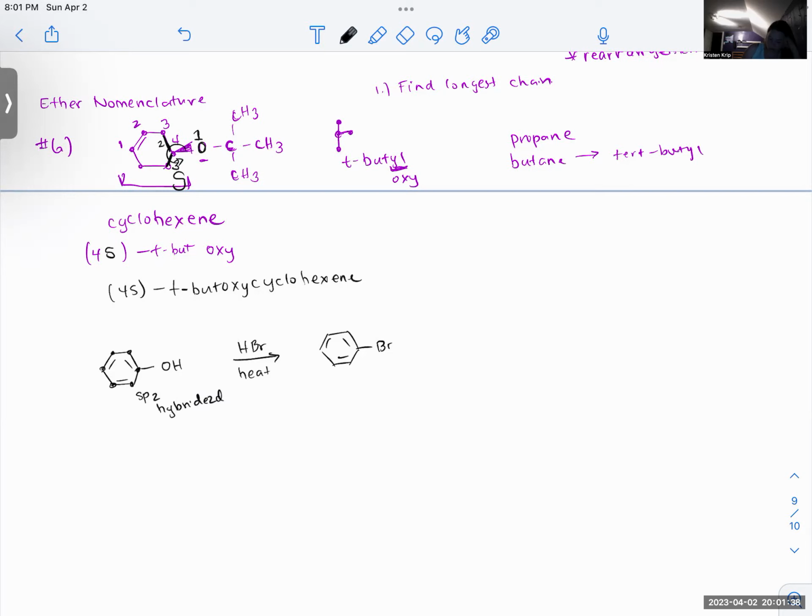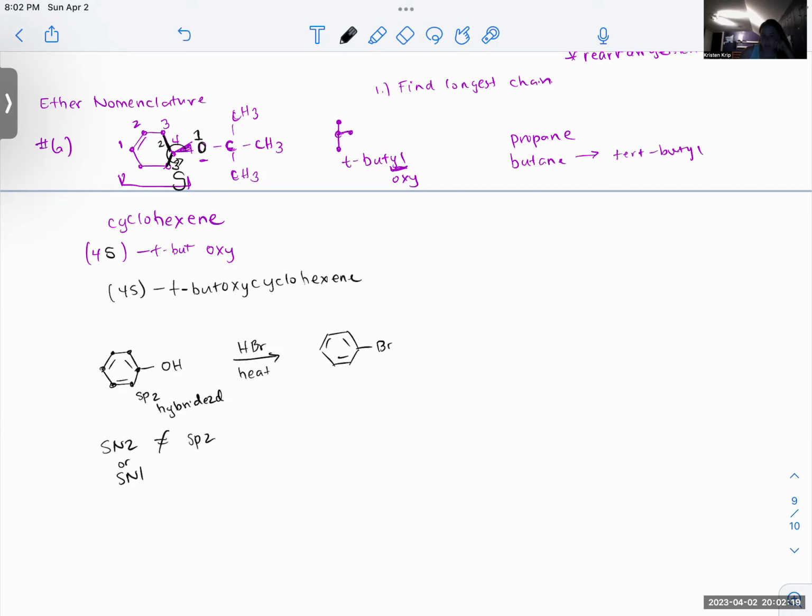But SN2 does not occur at sp2. Let's see if there's anything else. I would definitely say that's the main reason. So if you need to give an explanation, I would definitely state that first, that SN2 or SN1 really is not going to occur at sp2 hybridized carbon atoms.